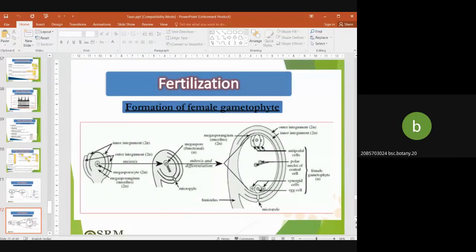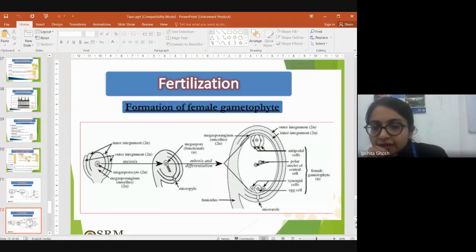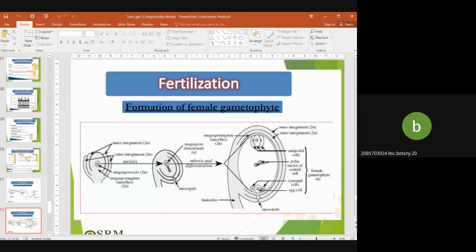Ma'am, it's called double fertilization because, first of all, the fusion of both male and female gamete occurs, which is also known as syngamy, and then there's the triple fusion. Right. And what does this triple fusion form? It forms the endosperm, the vegetative part that is responsible for feeding the reproductive part.